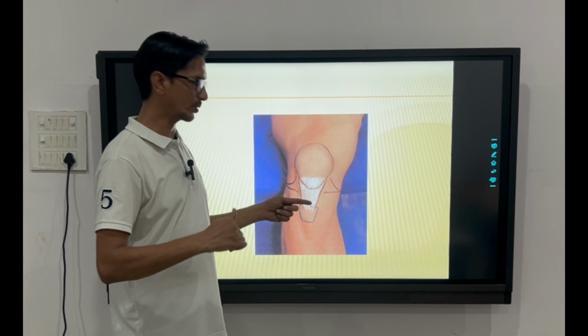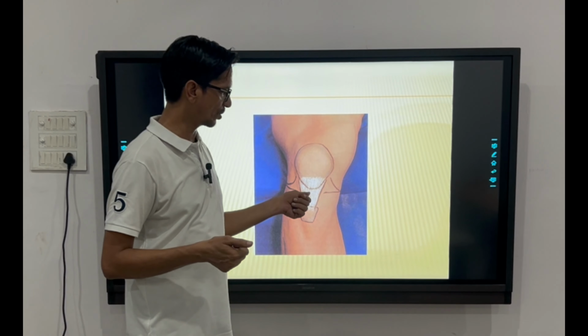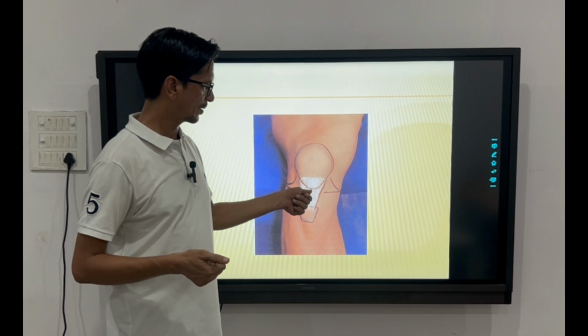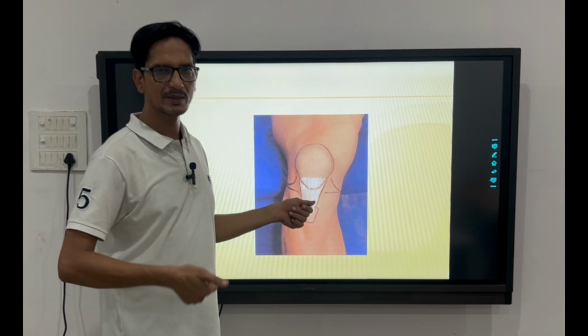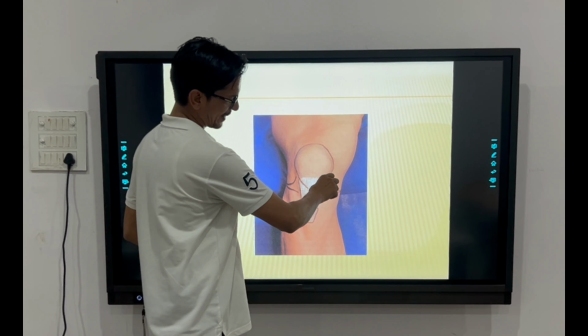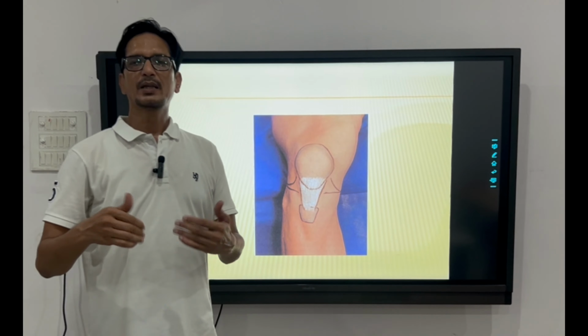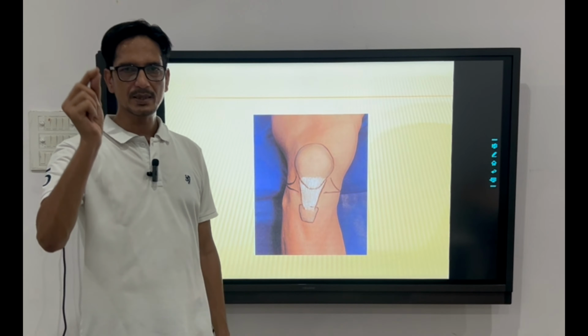Again, return to the starting position, means again you can place your thumb pad over the midsection of the ligamentum patelli and slide it down towards the leg. तो जब आप स्लाइड करोगे then you will ultimately reach a bony rounded structure.